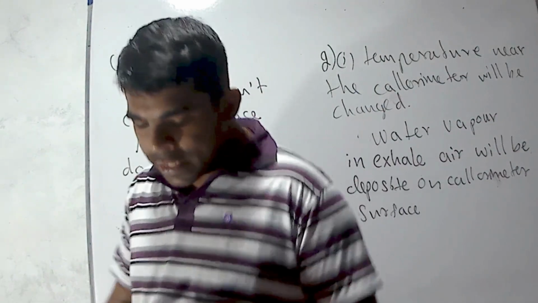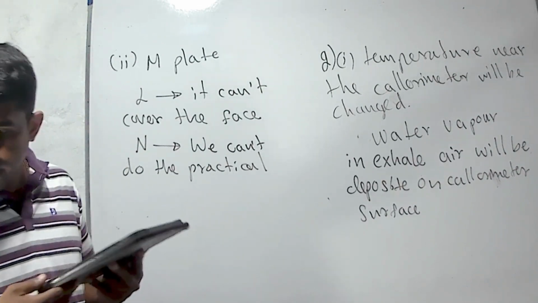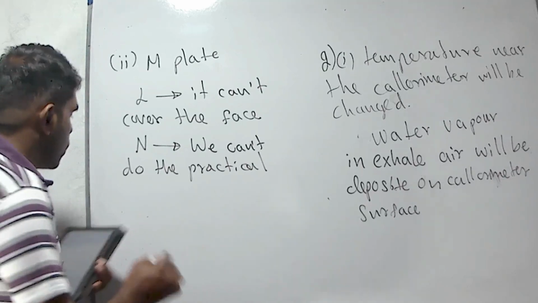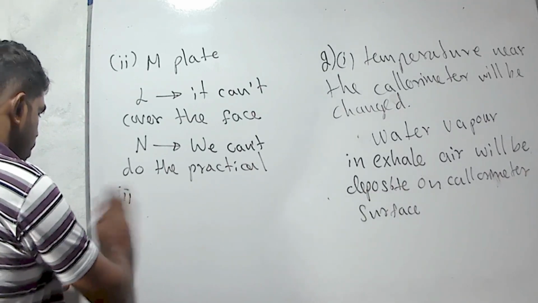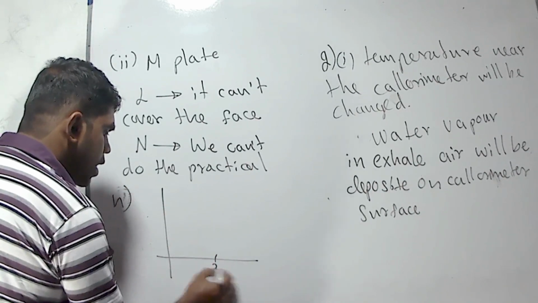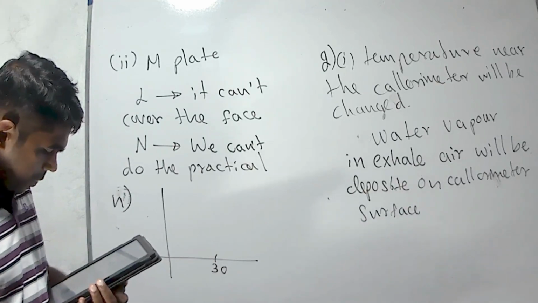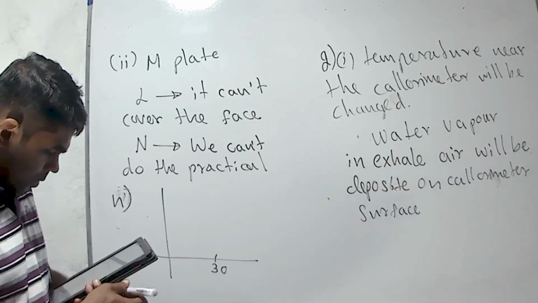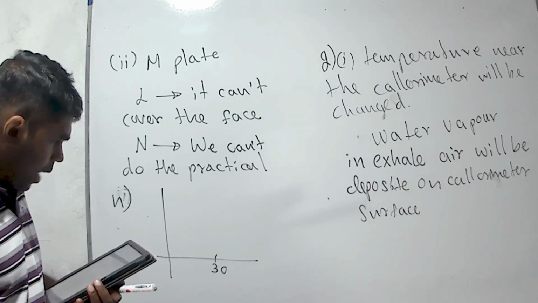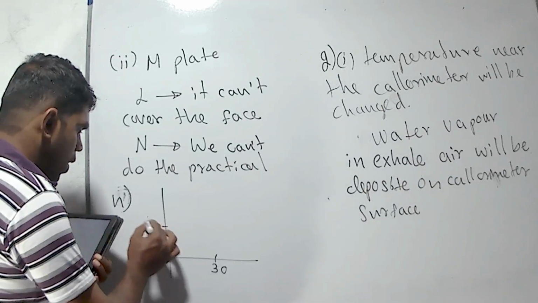They have given that room temperature is 30 degrees. Then we have to select 30 degrees from the x-axis. It represents room temperature. And the dew point is 26.